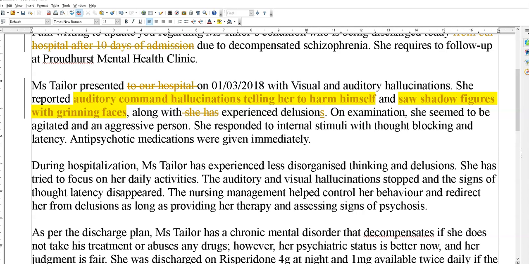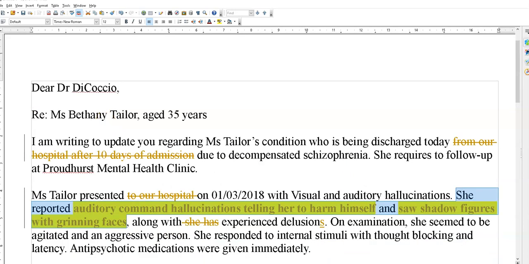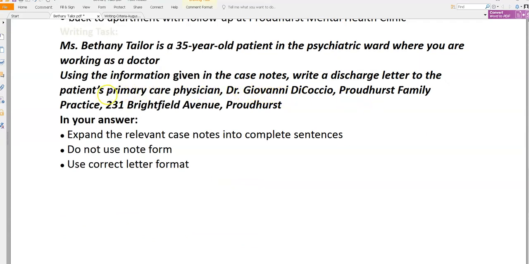So, look, you've already put this here, right, with visual and auditory hallucination. So why do you say the same thing a second time? It's basically identical. You said presented visual and auditory hallucinations. We don't really need to know what those were as such, along with delusions. Because the person you're writing to, I believe it's just the GP. Yeah, it's just the GP, so they don't need to know that.